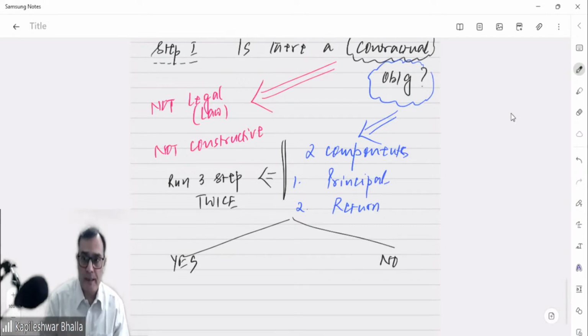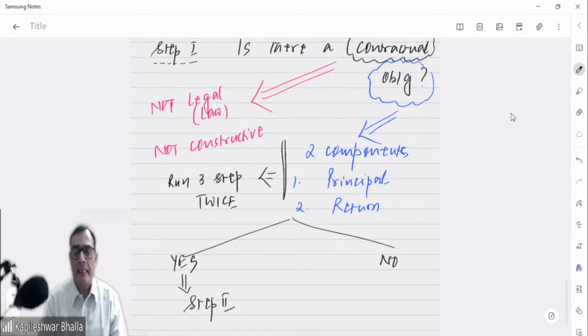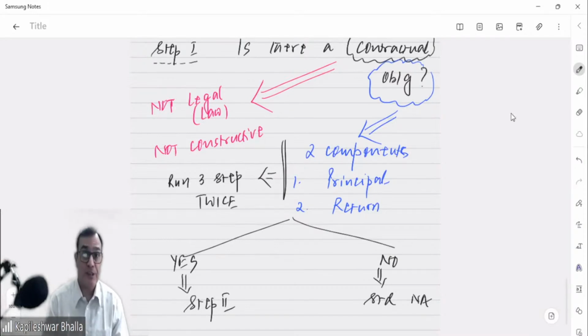So once you decide that yes, there is a contractual obligation, you got to go to step number two. And if you say no, there is no contractual obligation, then this standard is not applicable. I hope I've made myself very clear on step number one.